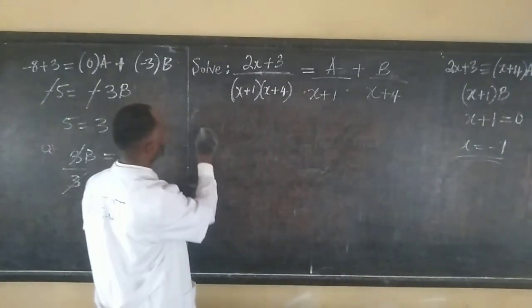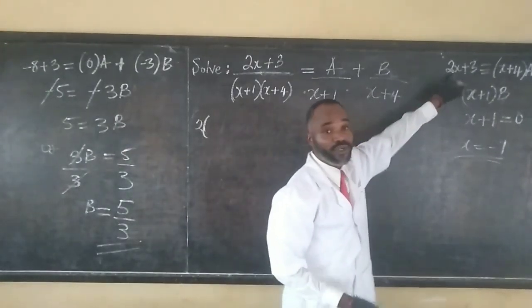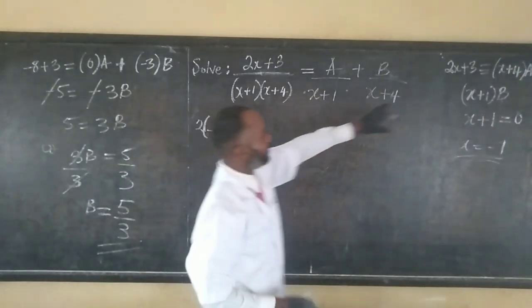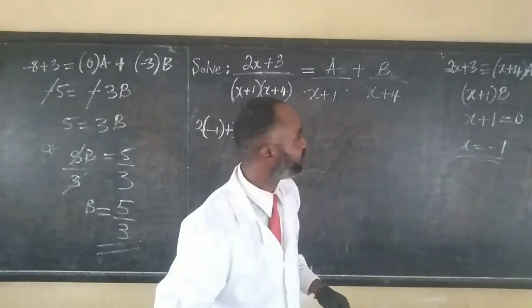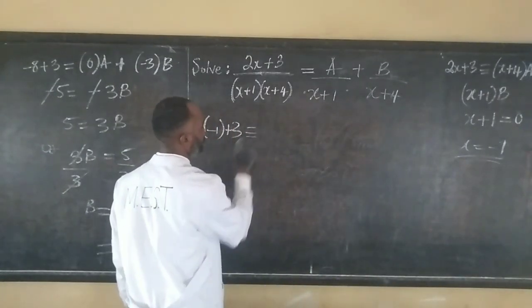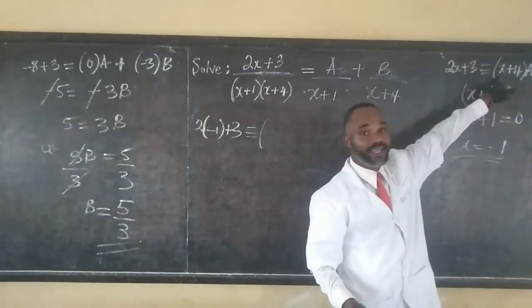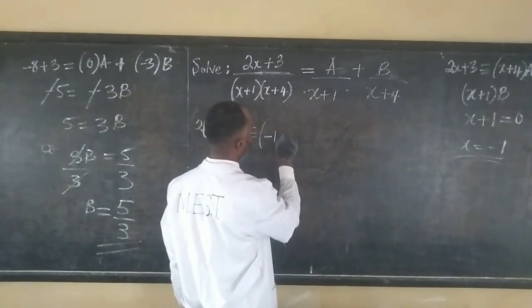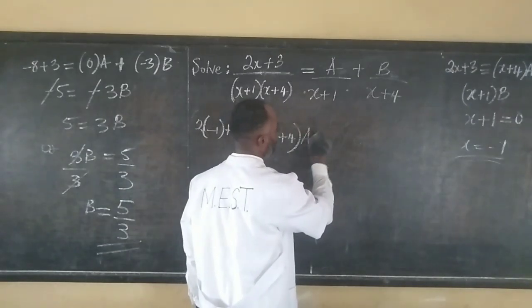We then have 2 brackets, for x is minus 1, plus 3. That's for this. We move on to the other side. It's equivalent to bracket open again, for x, there is x there, that should be minus 1, minus 1 plus 4, bracket close, and we retain a plus sign.